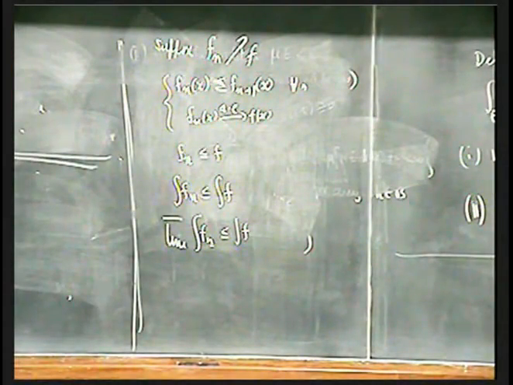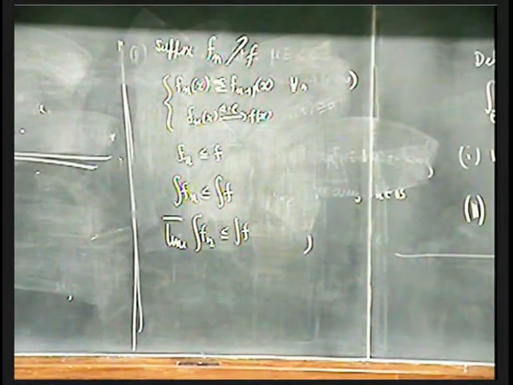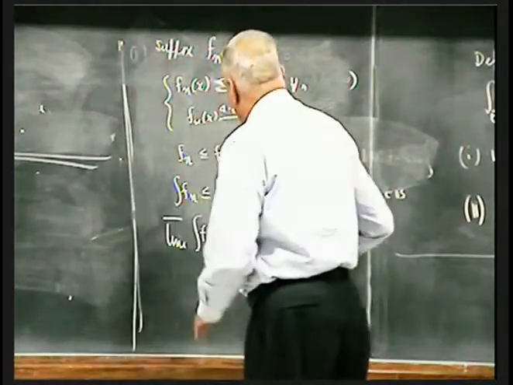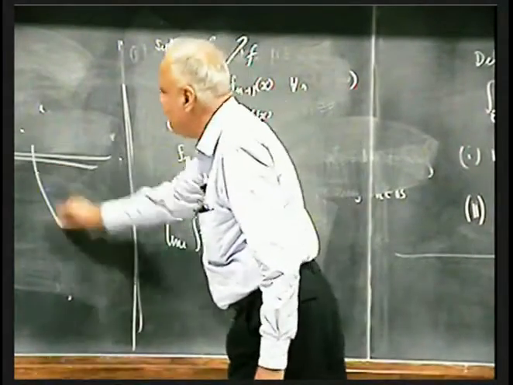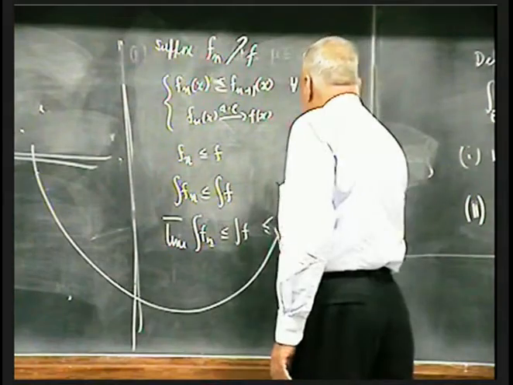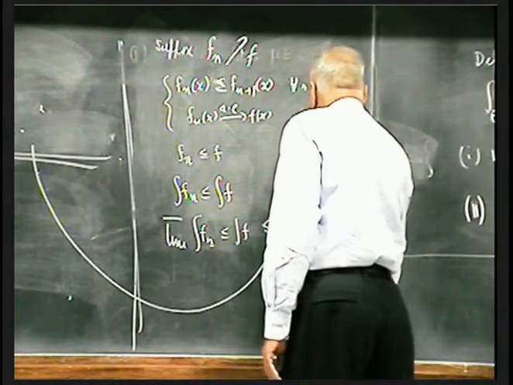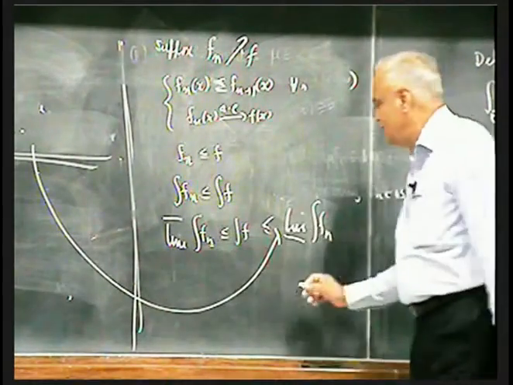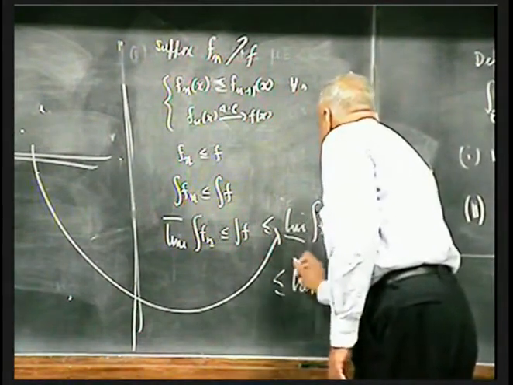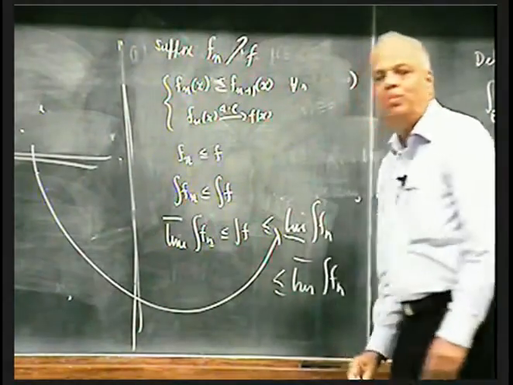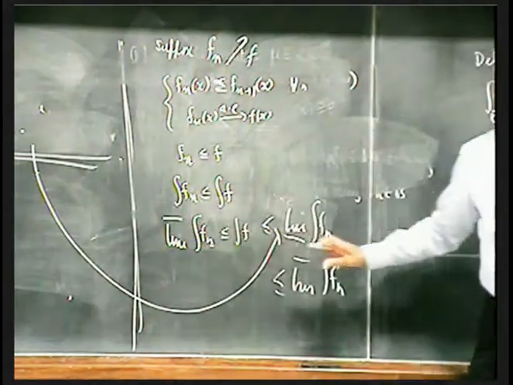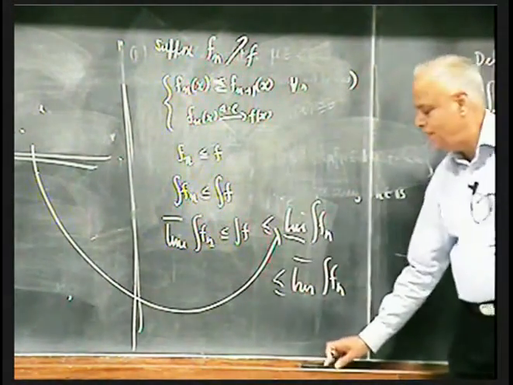The limit of the supremums is less than or equal to the integral of F. So the lim sup is less than or equal to the integral of F, which on the other hand, without any hypothesis, was less than or equal to the lim min by Fatou. But now the lim sup cannot be more than that. So this is less than or equal to the lim min of the integral of Fn. The lim min is always less than or equal to the lim sup. So now all of them must be equal. That means the lim min is equal to the lim sup, the limit exists and is equal to the integral of F.